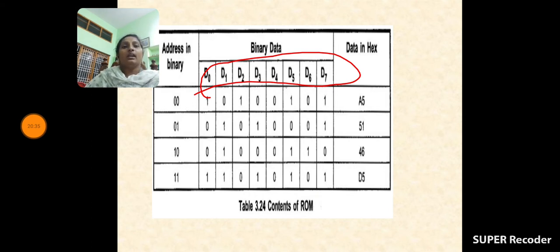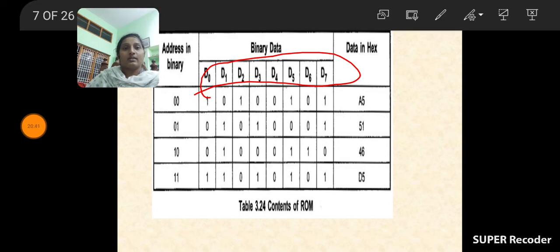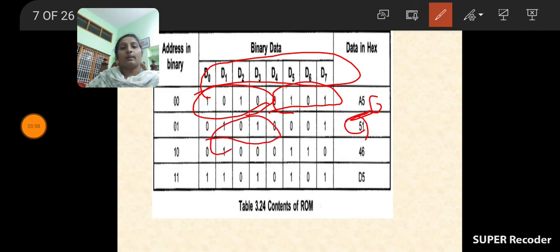So if the diodes are switched on like this, first we provide 1010. 1010 means decimal 10 and hexadecimal A, and 0101 means 5. When we apply 01 we get the bits like this.